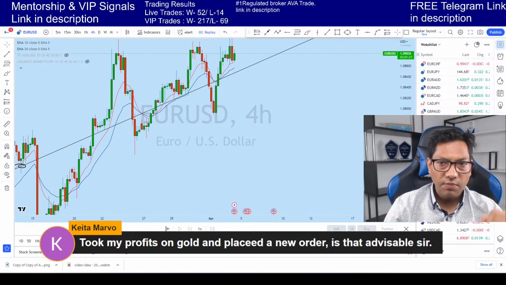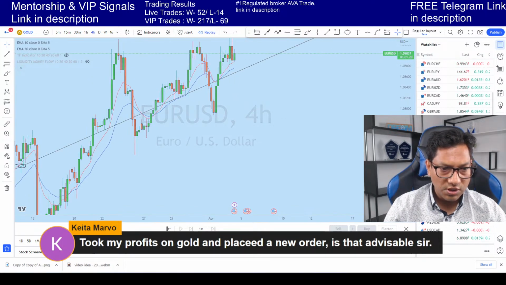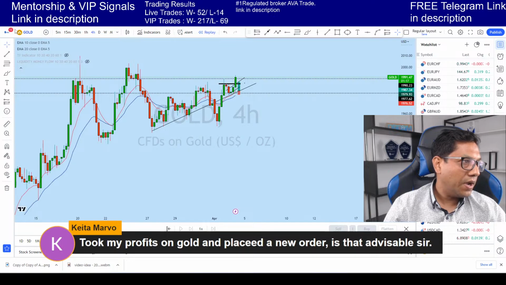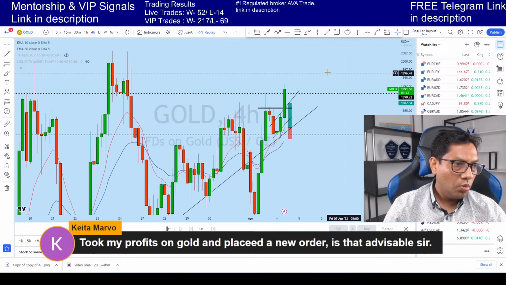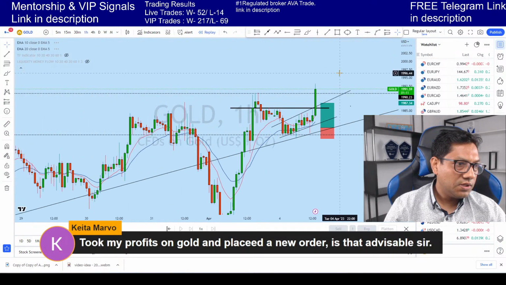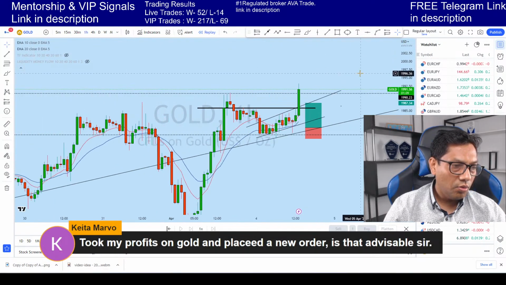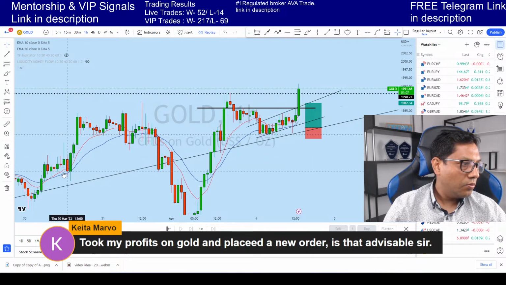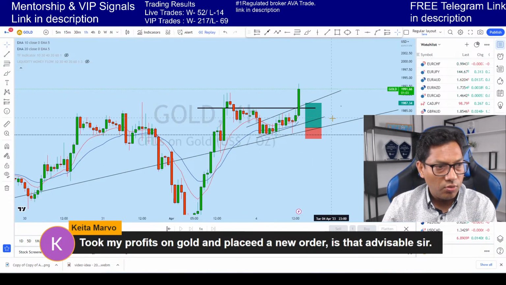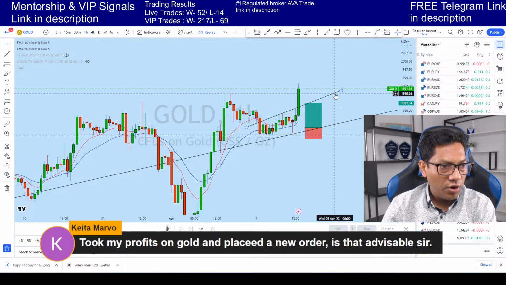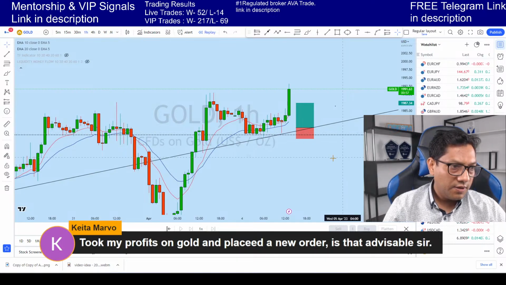There's news coming up. Let's first look at the news to see how it is impacting overall pricing, including gold and USD pairs, and then once the news is released and subsided, we'll look at what's happening. So gold, we have closed the trade that we were running with a profit, and I'll look for another one once we find that.